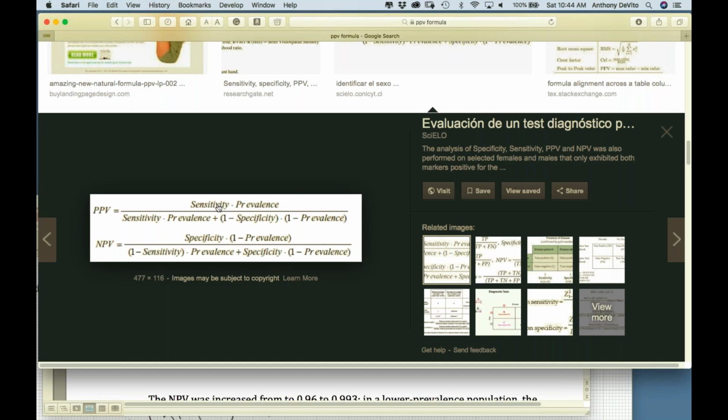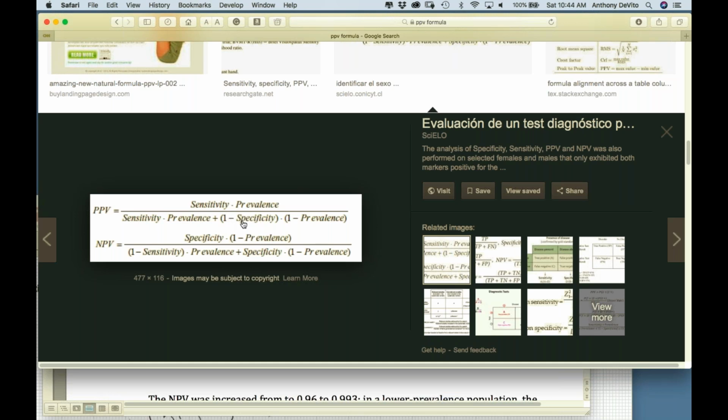So, for instance, in the one we just did, the sensitivity was, I don't remember exactly, I think it was 90%. 0.9 times the prevalence in the population, which was 0.2, 200 out of 1,000, over the sensitivity, whatever it was, 0.8, was it 0.85? 0.85 times 0.2, I don't remember the numbers, plus 1 minus the specificity. Specificity might have been 90%.